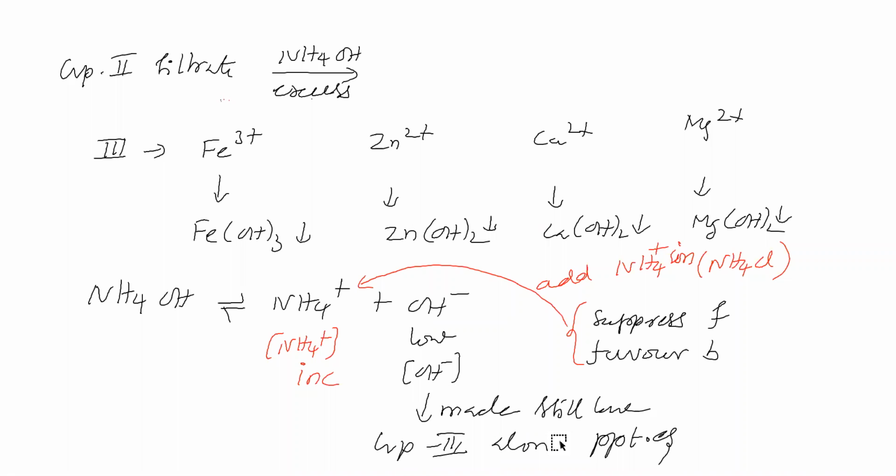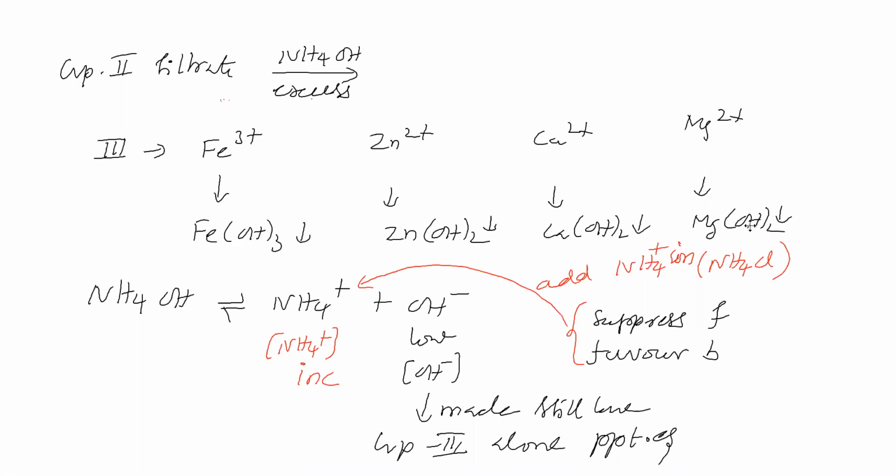Therefore, group 3 alone precipitates. This effect is called the common ion effect. So based on the common ion effect, group 3 is made to precipitate, but not group 4, group 5 and group 6.